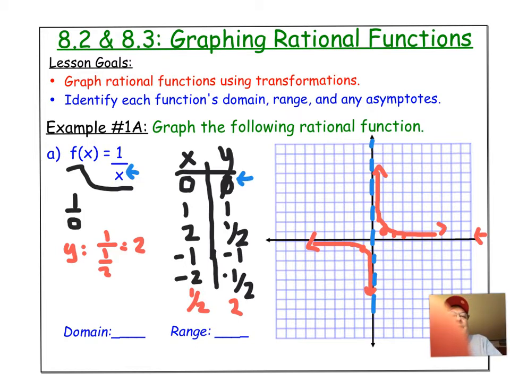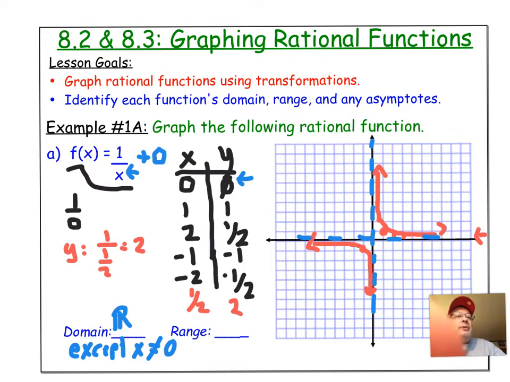And this actually has a horizontal asymptote too. There's nothing added out back, but I'm just going to put a +0 there, and that gives you your horizontal asymptote, which is y equals 0. So your domain is going to be all real numbers, left to right, except x cannot be 0.